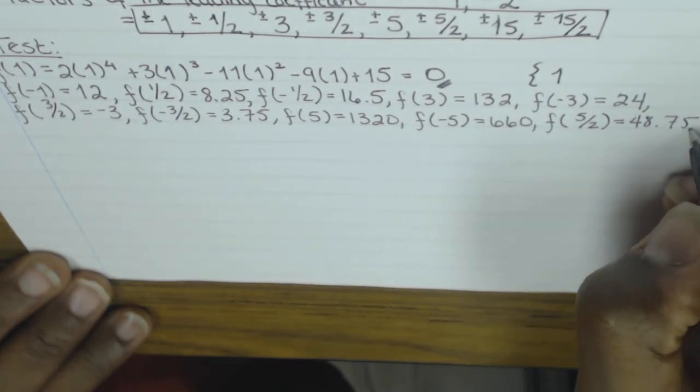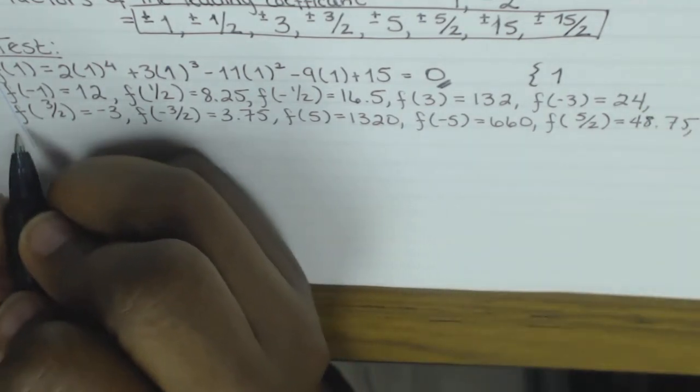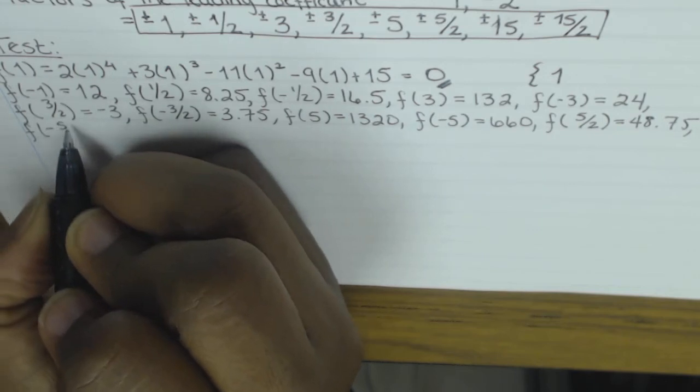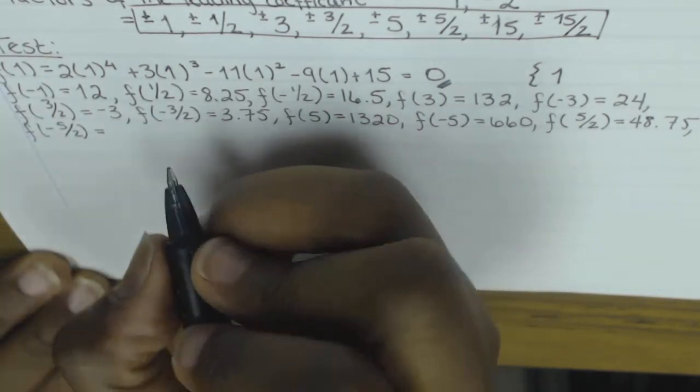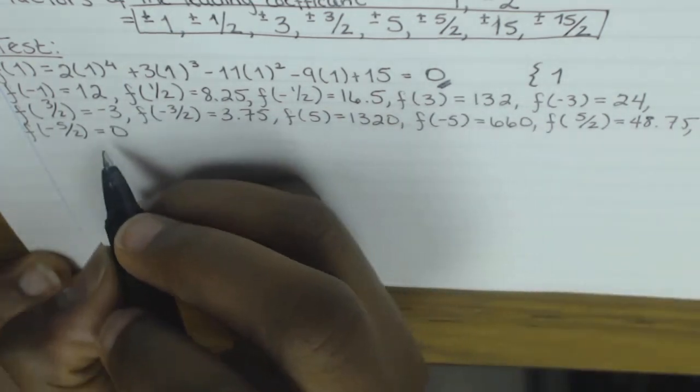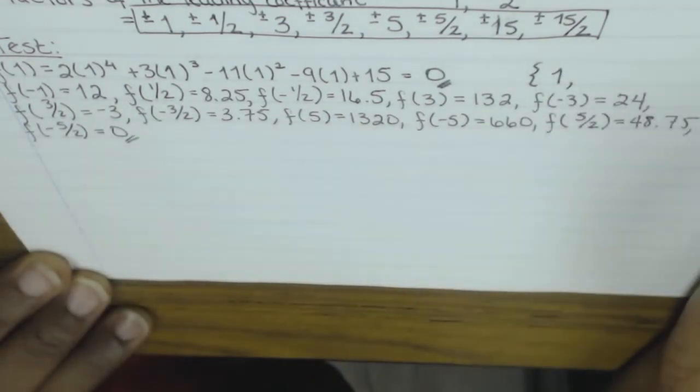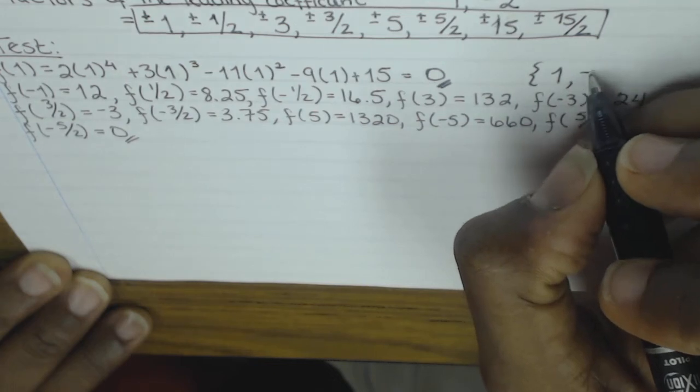Once again, not what I'm looking for. So f of negative 5 halves gives me 0. That's what I'm looking for. So that's going to be an answer.